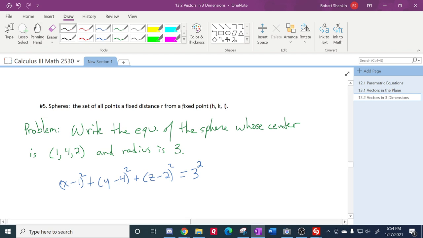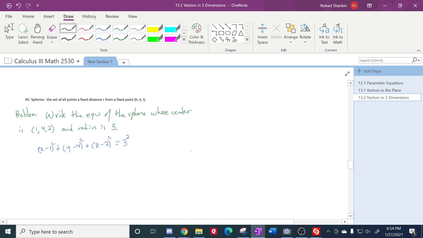Let me draw it like this. So if I have X, Y, and Z, I'm going to go 1 in the X direction, 4 in the Y direction, and then I'm going to come up 2 units from there.